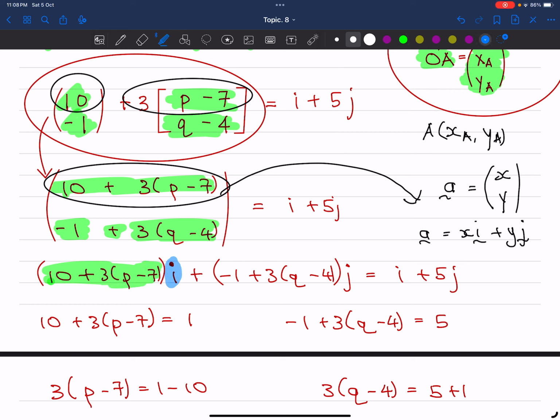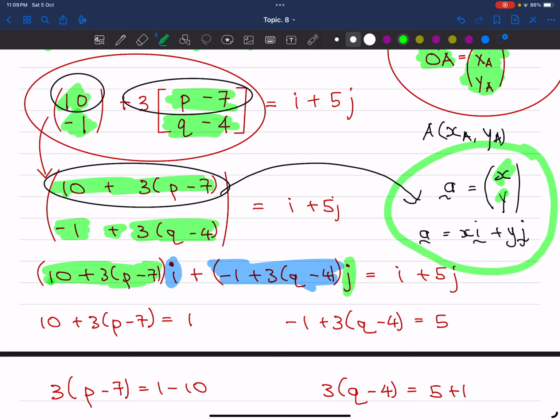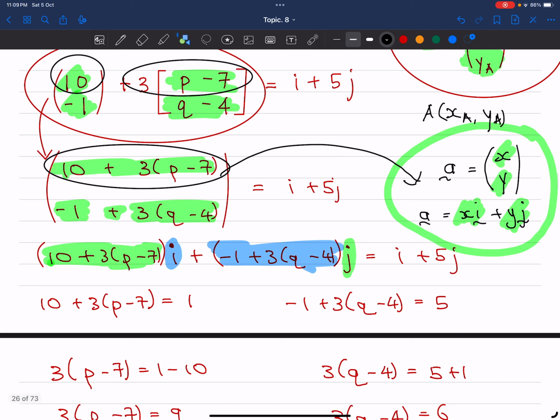And the second one, negative 1 plus 3 brackets q minus 4, that would be the j. I'm using this formula, that for vector A, (x, y), the x goes with i and the y with j. That's what I've done here.